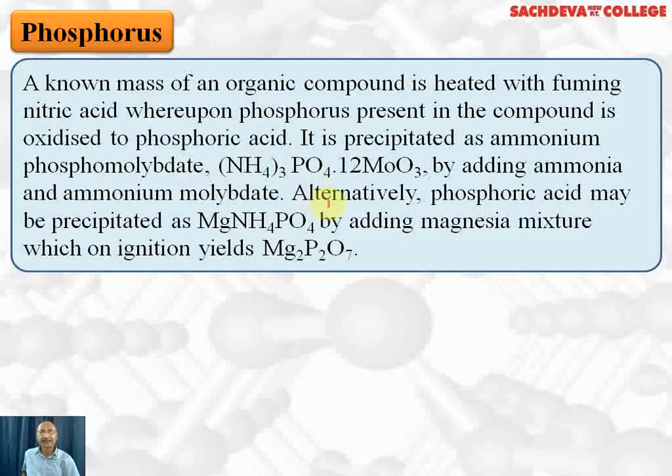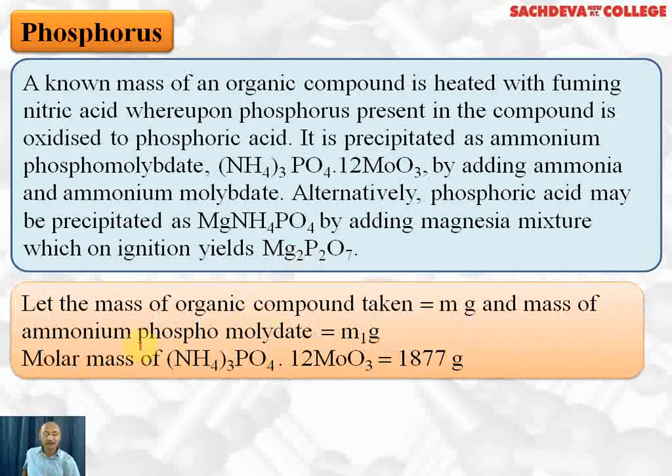The other way is that phosphoric acid may be estimated by adding magnesium mixture, which mainly contains magnesium chloride and ammonium chloride, in a basic medium. So we get a white precipitate of magnesium ammonium phosphate. Now this compound may lose ammonia and its weight may change. So what we do, we heat it so as to get magnesium pyrophosphate. We dry the magnesium pyrophosphate and weigh it, and from that we can calculate the percentage of phosphorus.